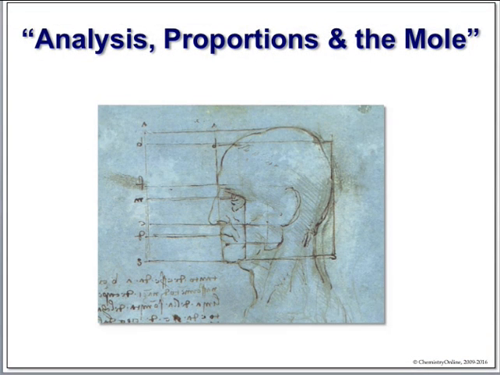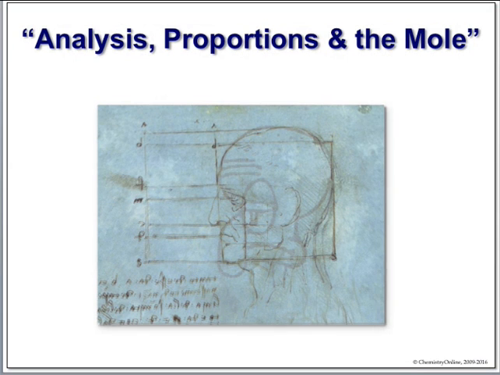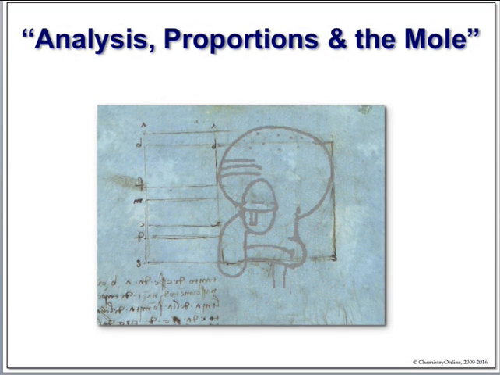All right, let's go and look at analysis, proportions, and things like that. Here we're going to look at ratios and look at problems and try to figure out how we can express these in terms of simple ratios, and then just use our simple algorithm.